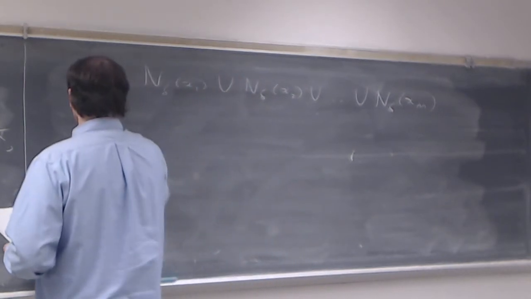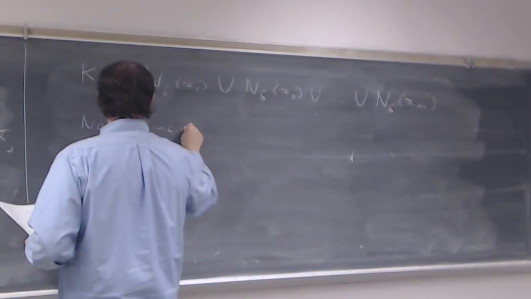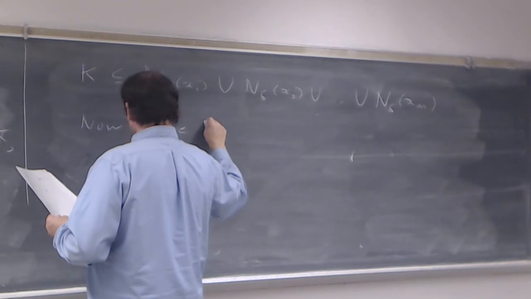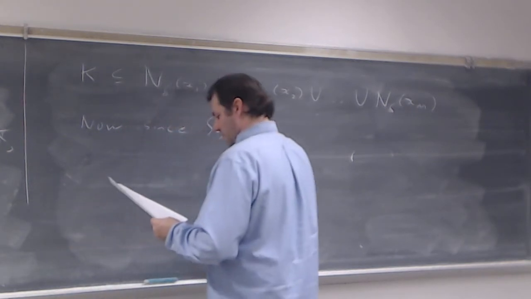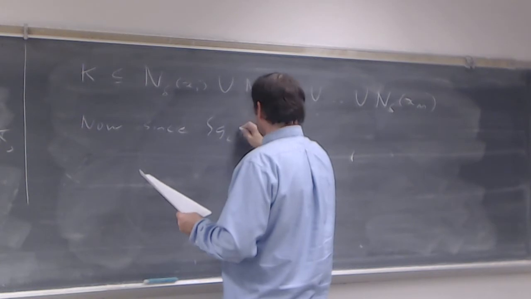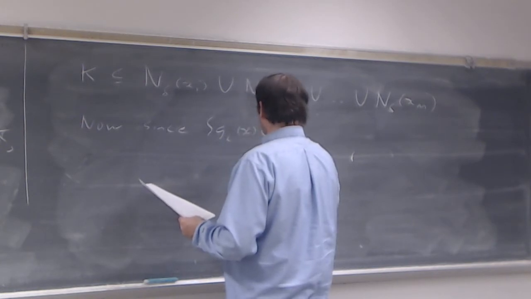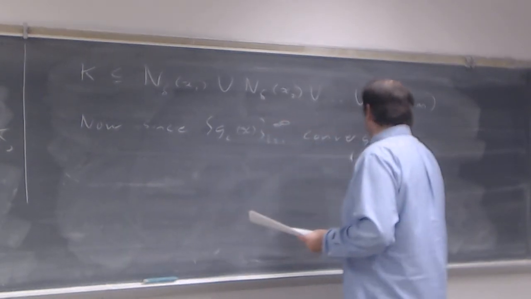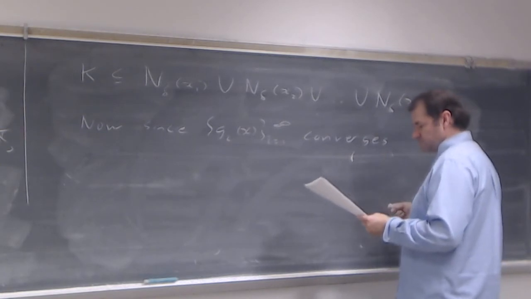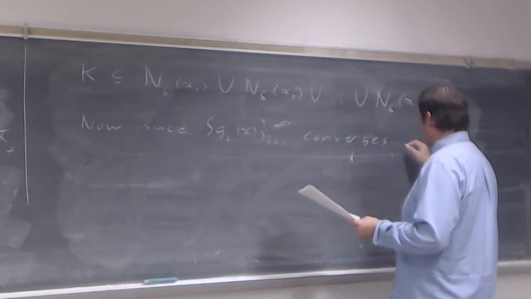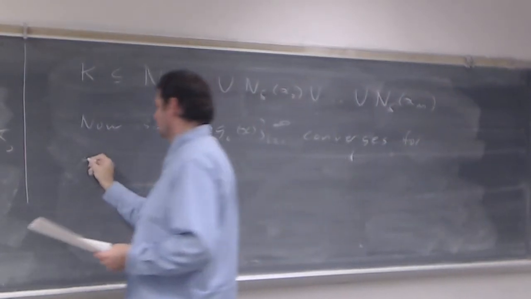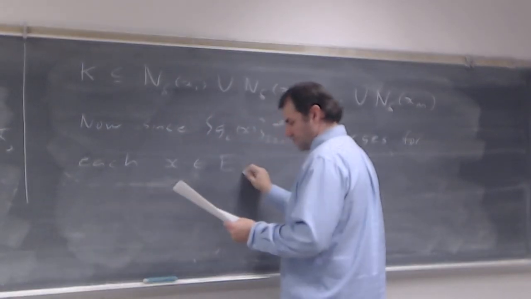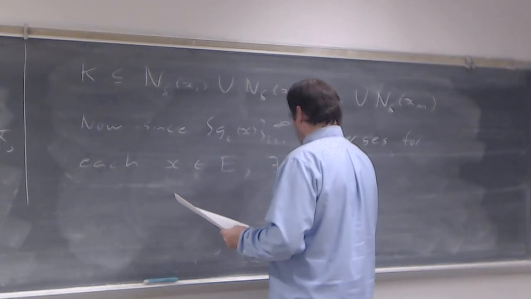Now, since the g sub i's converge, and this is pointwise convergence, so this converges for each x in E.